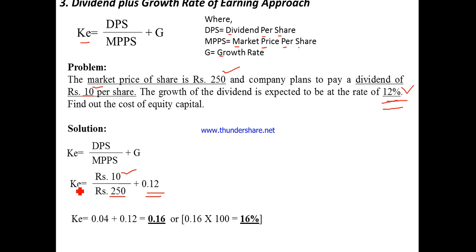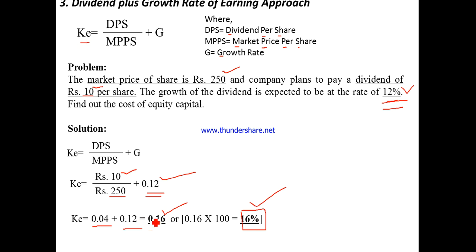Therefore cost of equity equals rupees 10 divided by 250 plus 0.12, which equals 0.04 plus 0.12, which equals 0.16. If you multiply it by 100, the cost of equity is 16% in this particular problem.